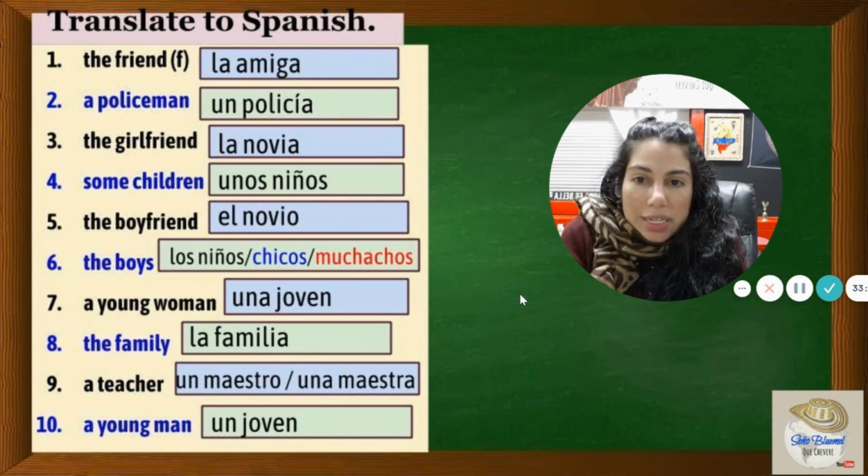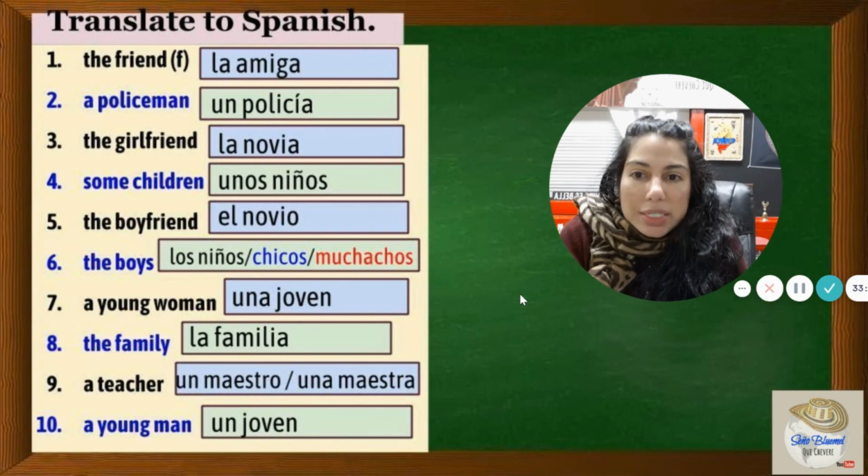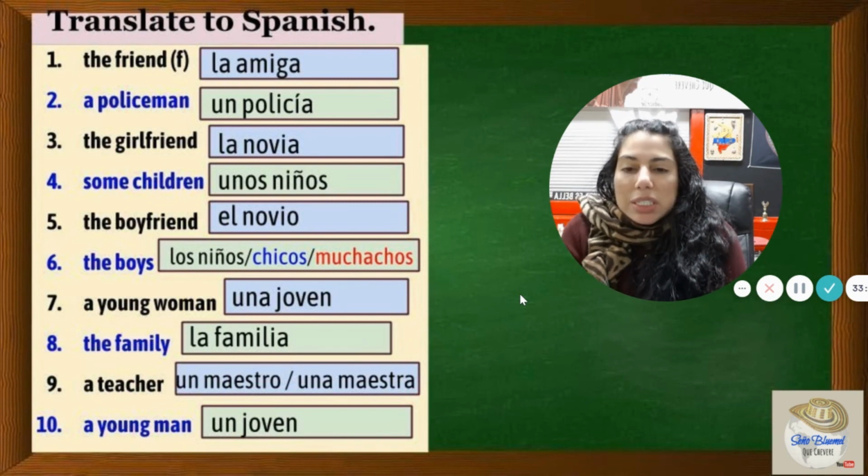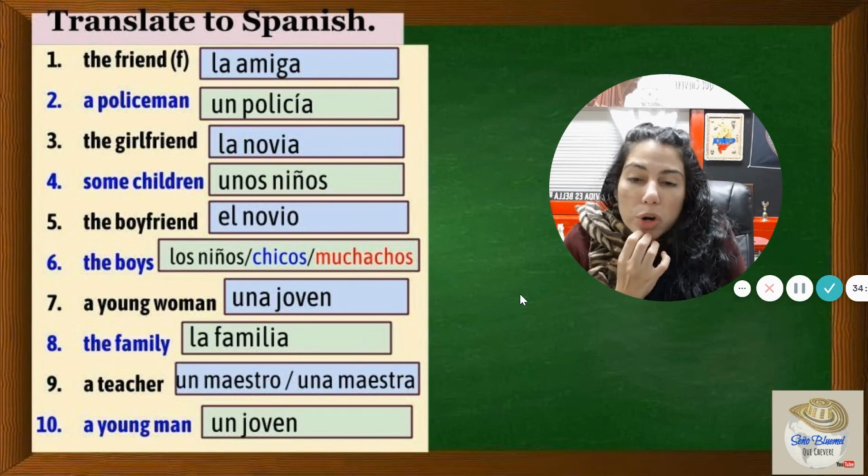A policeman is un policía. The girlfriend, la novia. Some children, unos niños. The boyfriend, el novio.